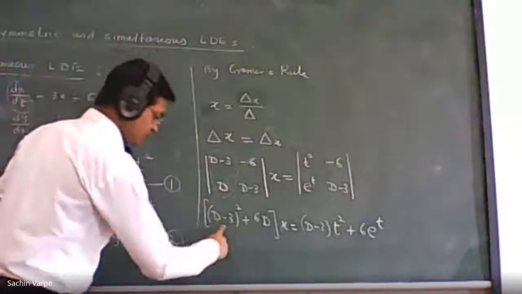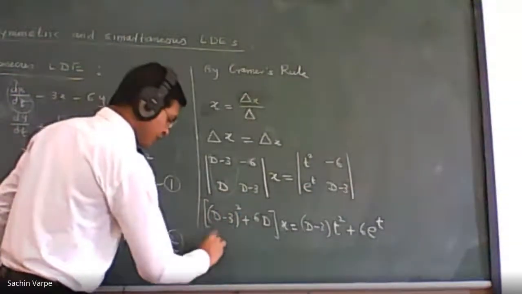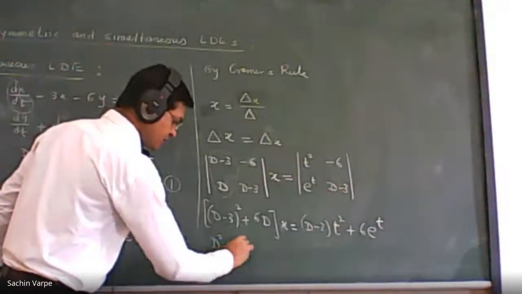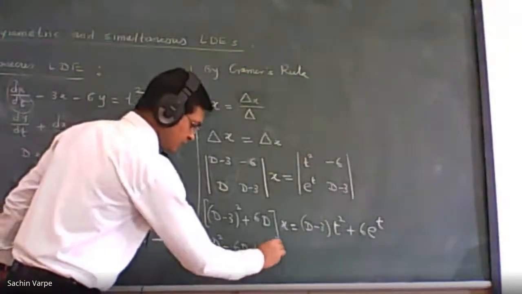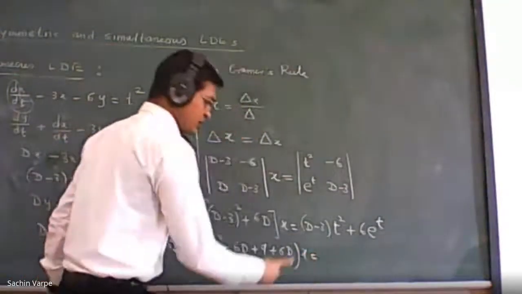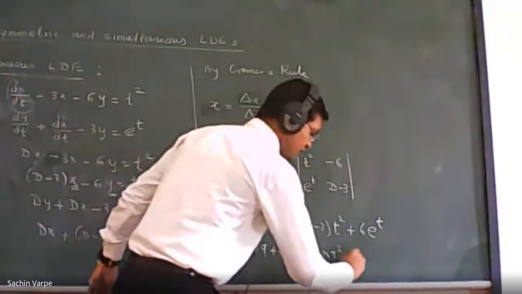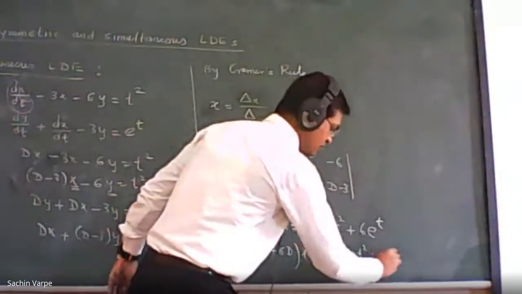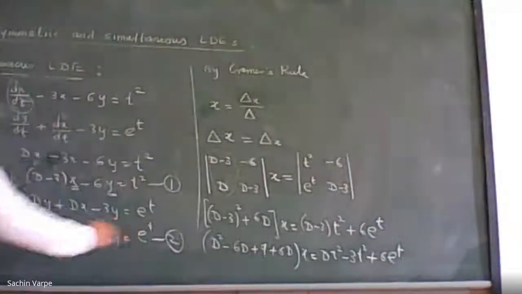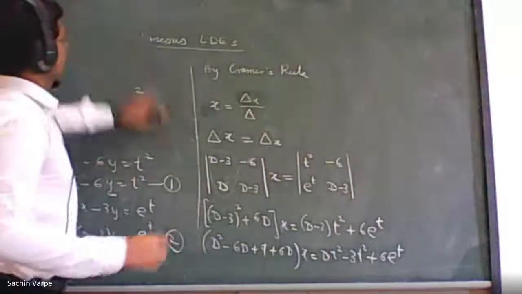So let us rearrange and simplify this. If I expand this bracket, that will be d square minus 6d plus 9 plus 6d, the whole times x, is equal to, here when I apply d onto this, d of t square minus 3t square plus 6 e to the power t. So what will I get?